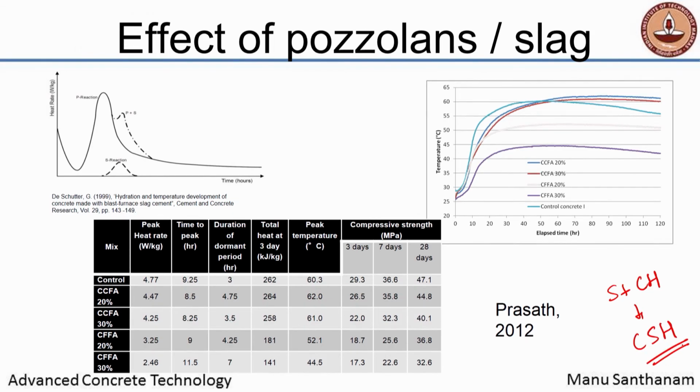Okay. That is the pozzolanic reaction, but it is not going to happen at a very early age because you do not have enough lime available in the system.